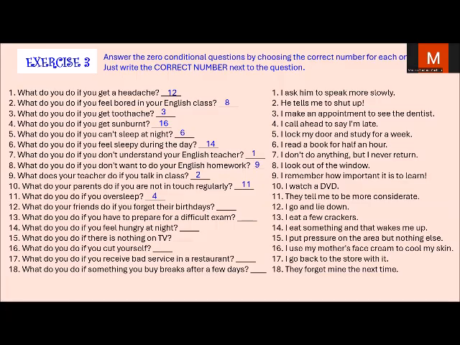I go and lie down. No, sorry, I made a mistake, it's 18. They forget mine the next time. Exactly. Number 18, they forget mine the next time. Yes, you're right. Okay.